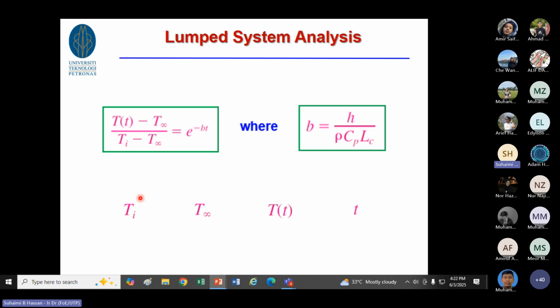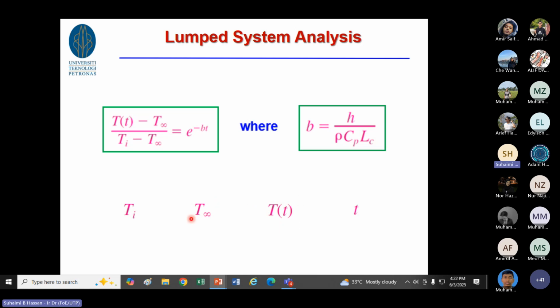For example, your initial temperature is 30 degrees Celsius. After you heat up for 10 minutes, the temperature will increase to 60, for example. That 60 is actually T(t).